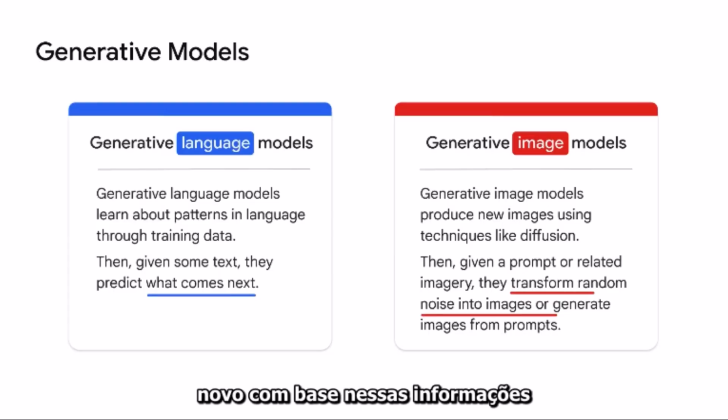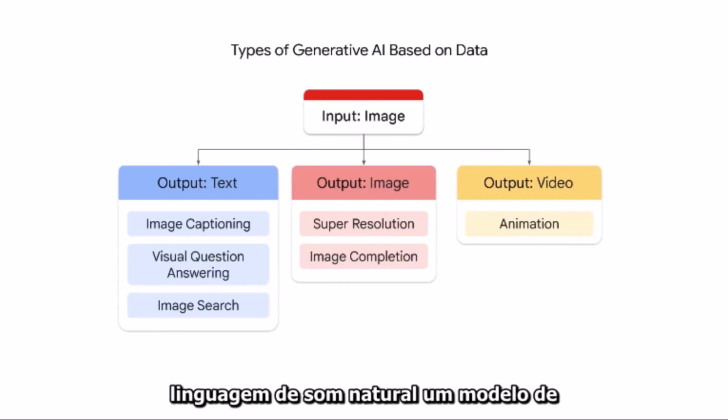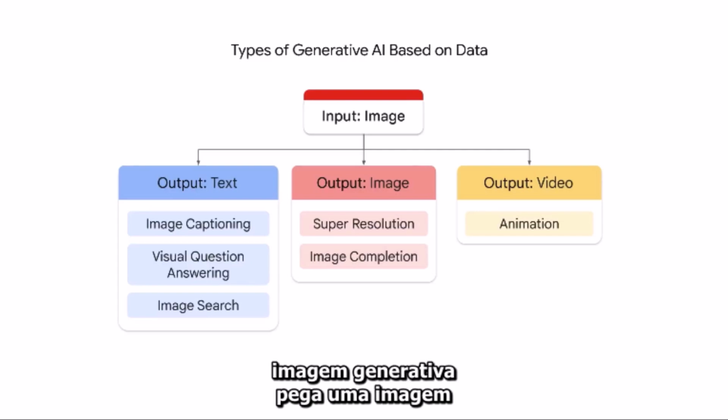Large language models are one type of generative AI since they generate novel combinations of text in the form of natural-sounding language. A generative image model takes an image as input and can output text, another image, or video.